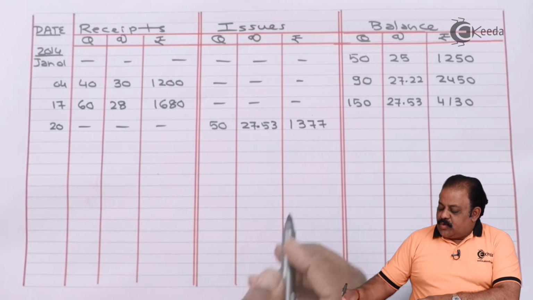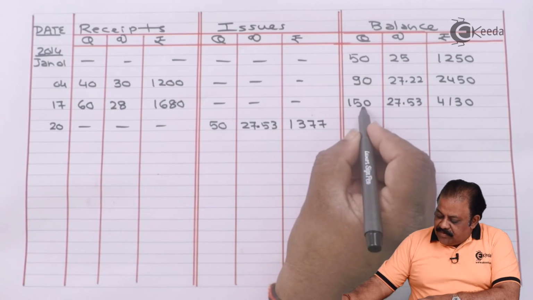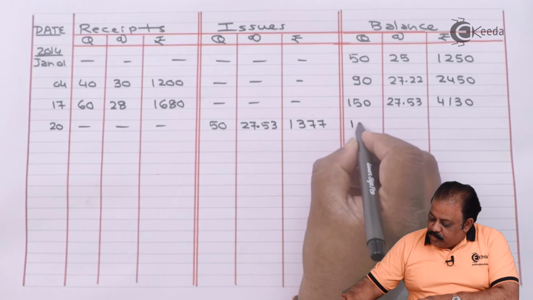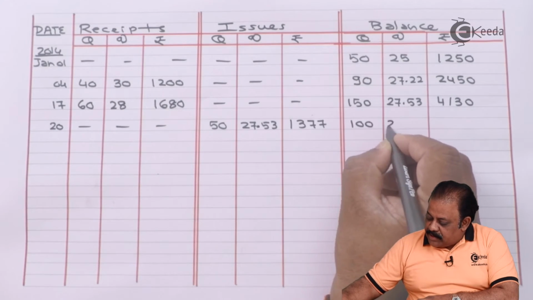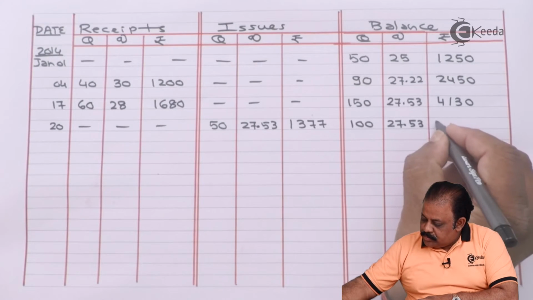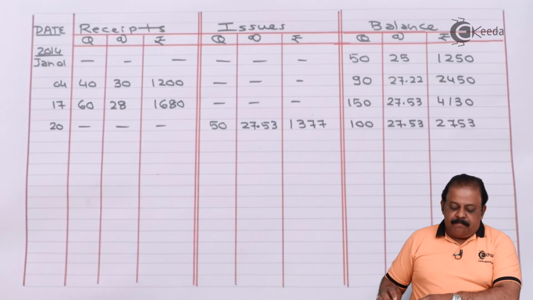So it is rounded off to 1377. Out of 150 units, 50 units are issued. So balance will be now 100 units, valued at 27 rupees 53 paise, 2753.